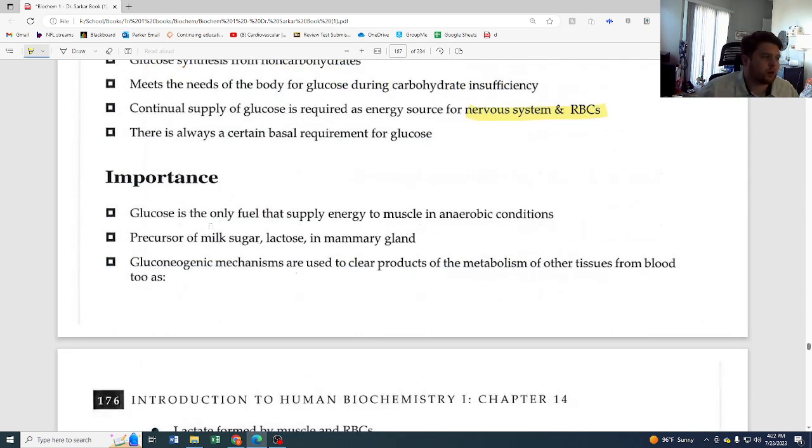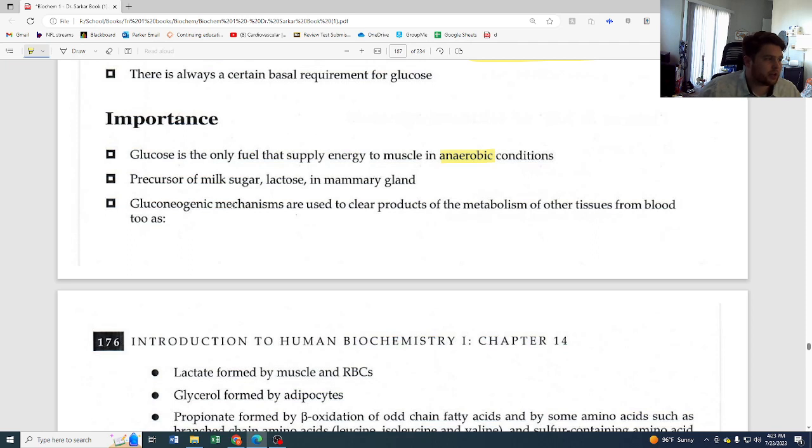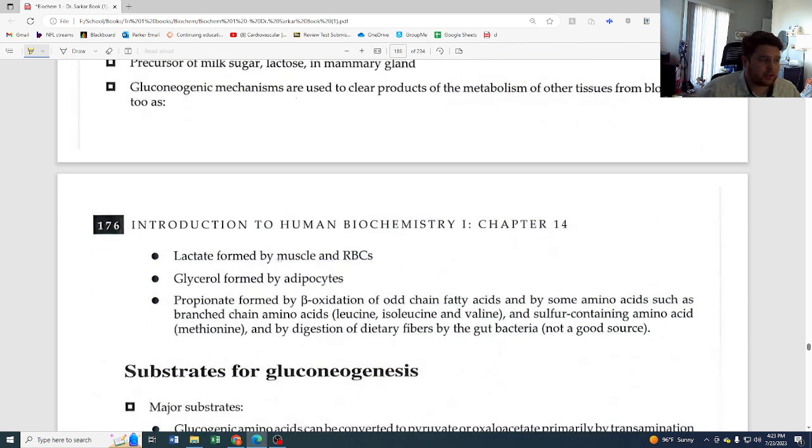So importance: glucose is the only fuel that supplies energy to muscles in anaerobic conditions, and the precursor of milk sugar, lactose, in the mammary gland. Gluconeogenic mechanisms are also used to clear products of the metabolism of other tissues from blood: lactate formed by muscle and red blood cells, glycerol formed by adipocytes, and propionate formed by beta oxidation of odd-chain fatty acids, and by some amino acids such as the branched chain amino acids leucine, isoleucine, and valine.